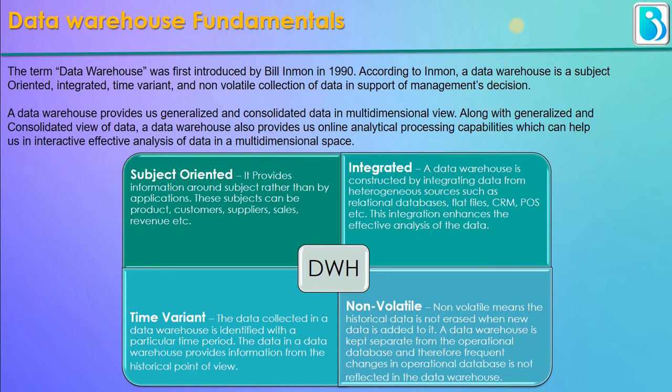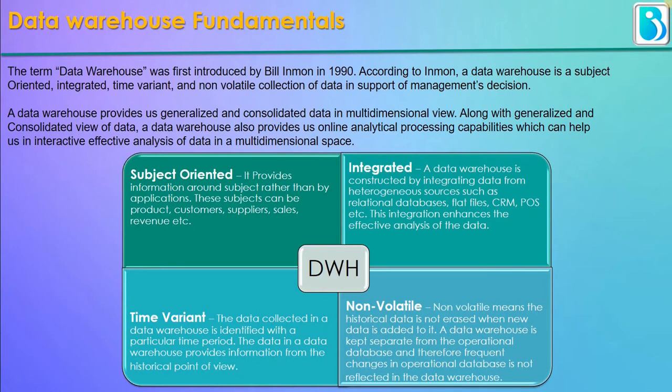Okay, the below picture will explain all these four concepts in a detailed way. Starting with subject oriented, it provides information around a subject rather than any application. These subjects can be products, customers, suppliers, sales, revenue, or any other subject.